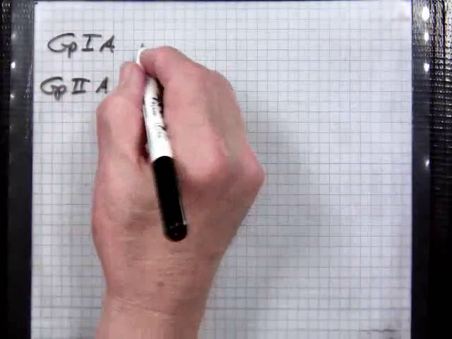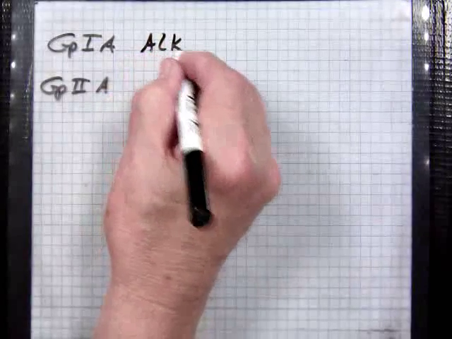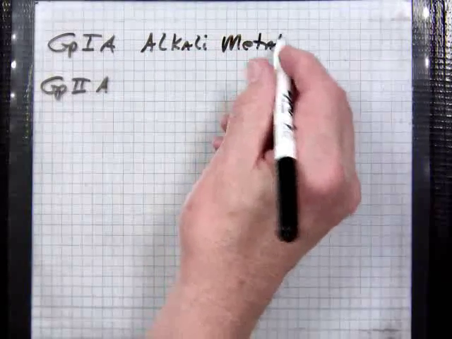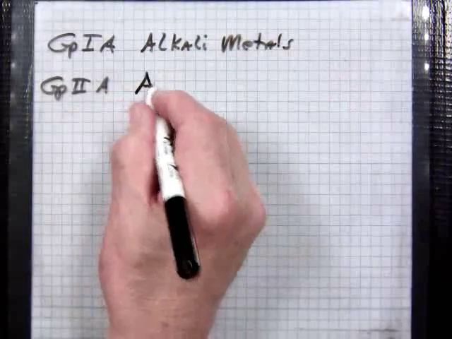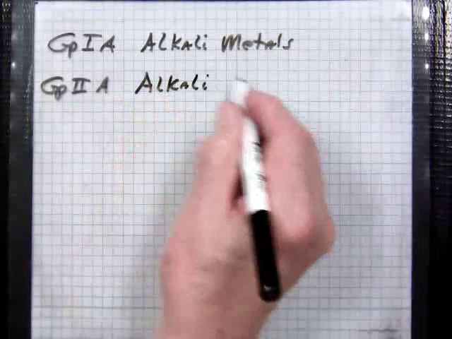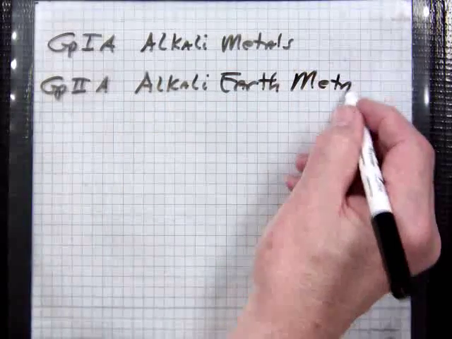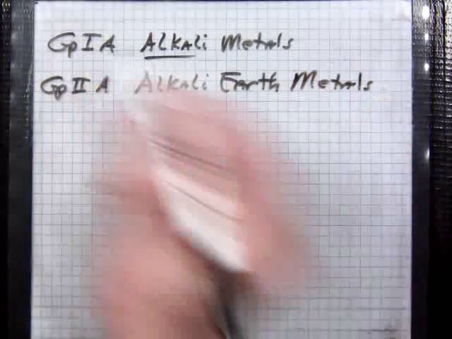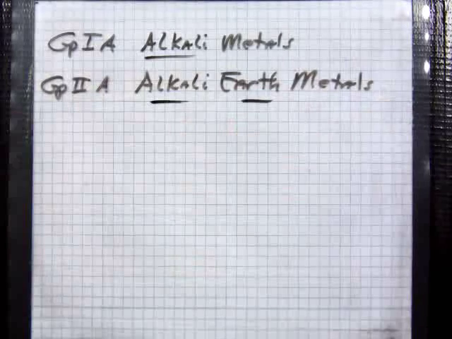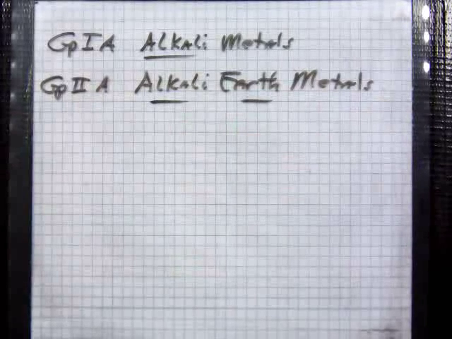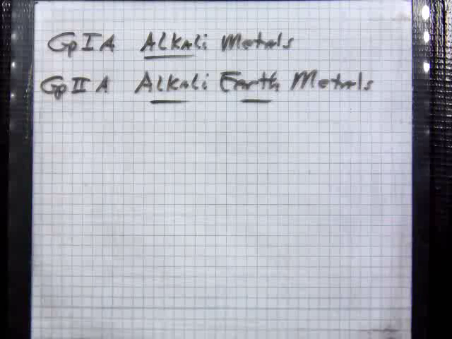These are alkali metals, and group 2A is alkali earth. Notice one word for group 1, 2 words for group 2. Now, these are derived from the fact that all of the elements react with water to produce what we call alkaline solutions, or basic type solutions, base.